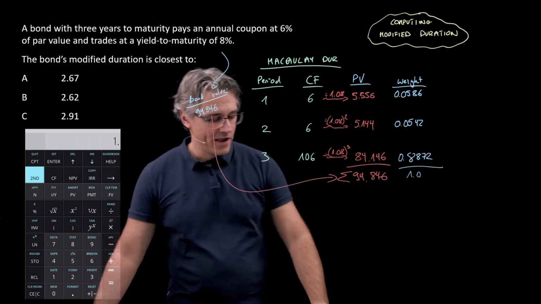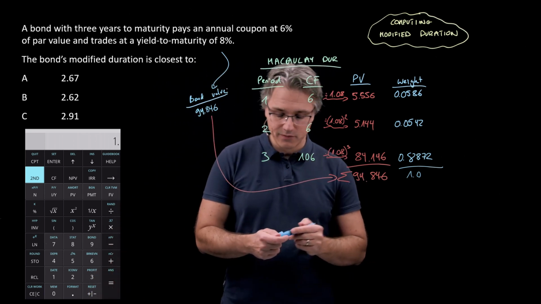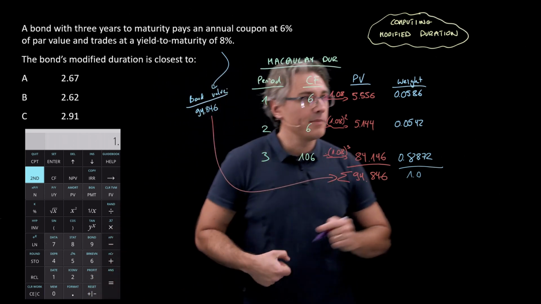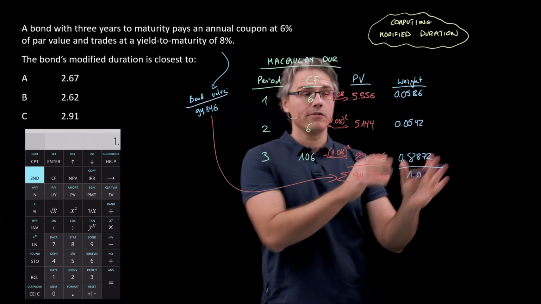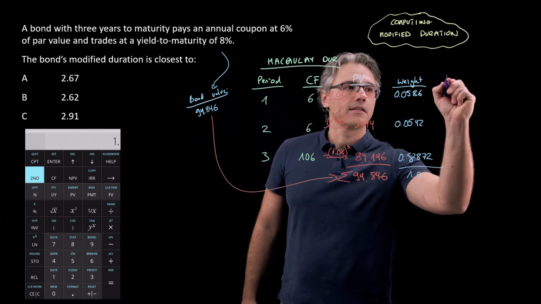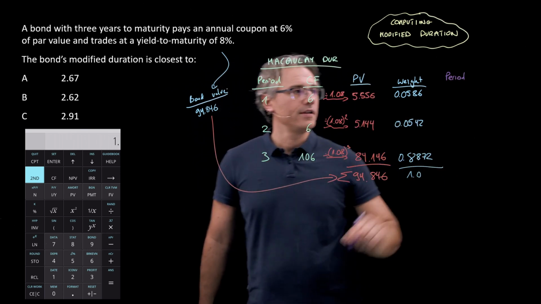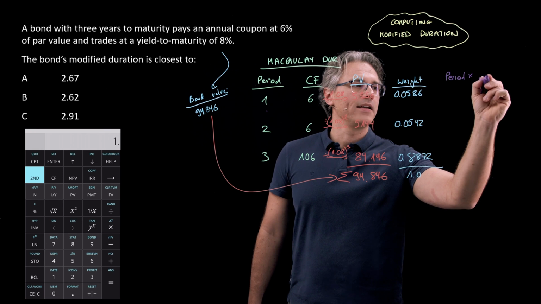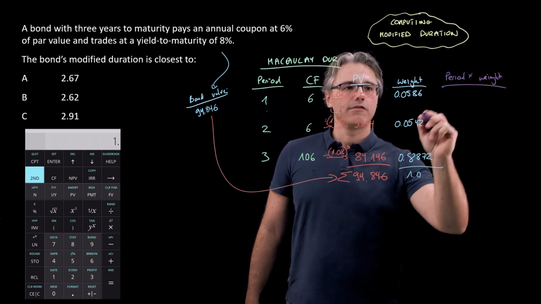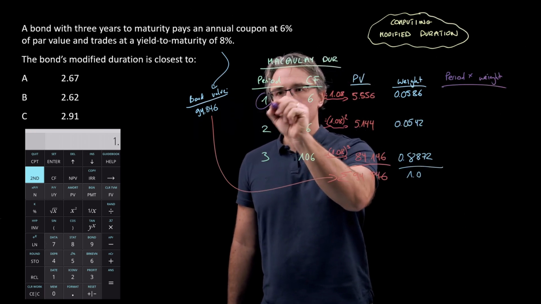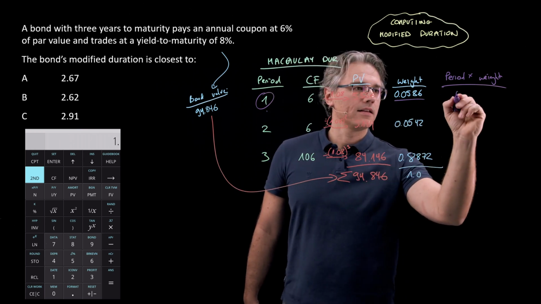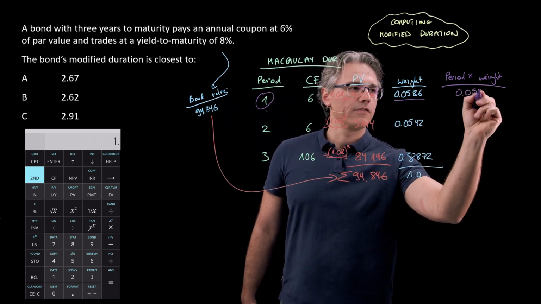And look, for the very final step in the computation of something called Macaulay duration, I'm going to create the final column here, which is going to be period, i.e. 1, 2, or 3, times the weight. So for the first one, 1 times this equals 0.0586.